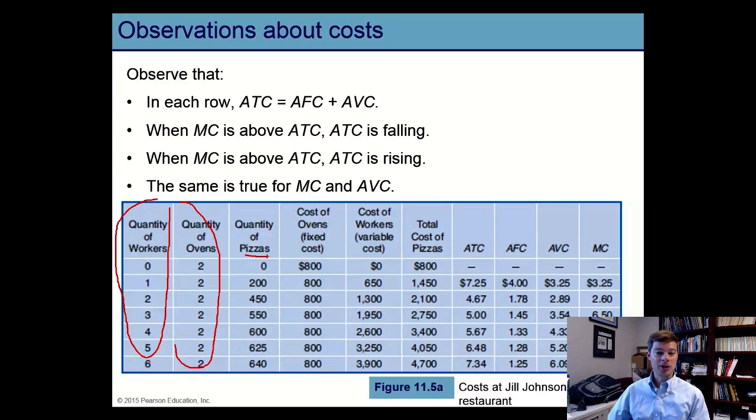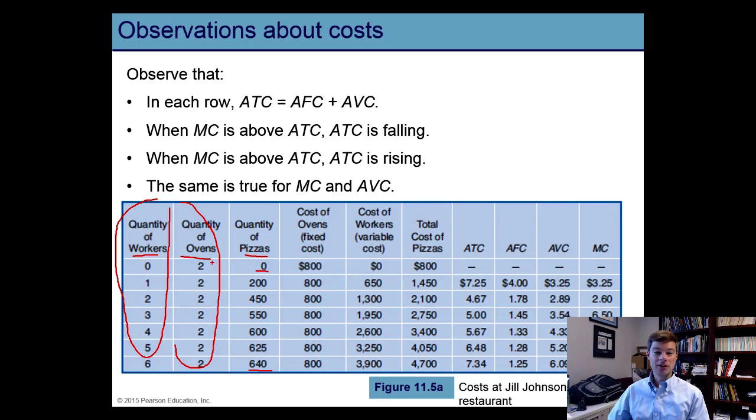So this is a production process for a restaurant. You'll notice that more pizzas can be produced. We can go from producing 0 pizzas all the way up to producing 640 pizzas as illustrated in this table. The quantity of pizzas is produced using these two inputs, ovens and workers.